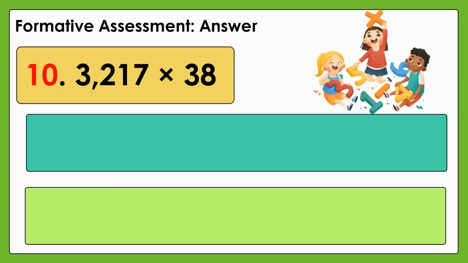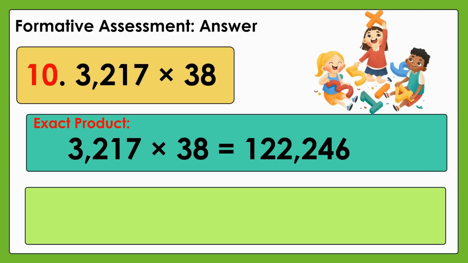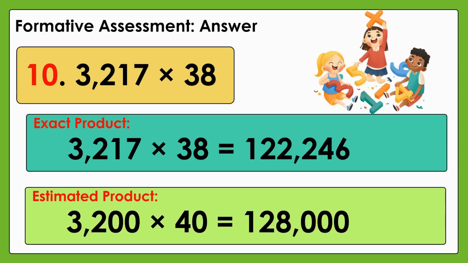Number 10, 3,217 times 38. Exact product, 122,246. Estimated product, 3,200 times 40 is equal to 128,000.